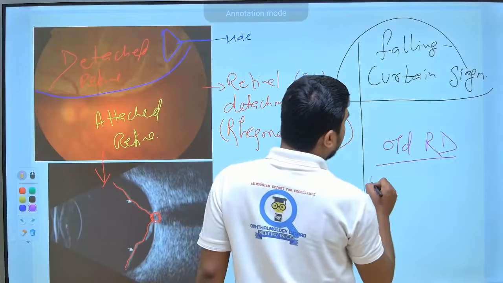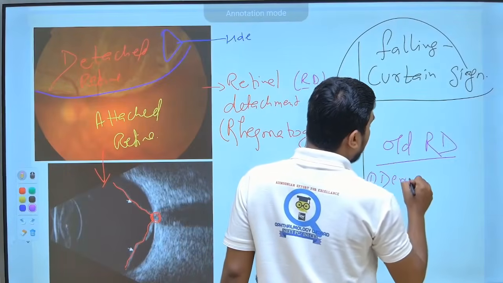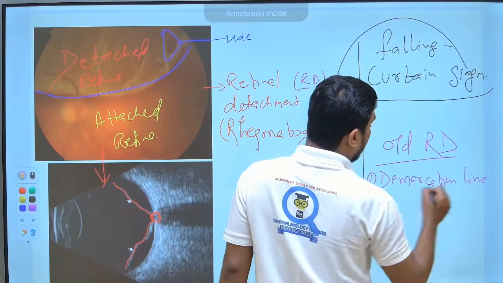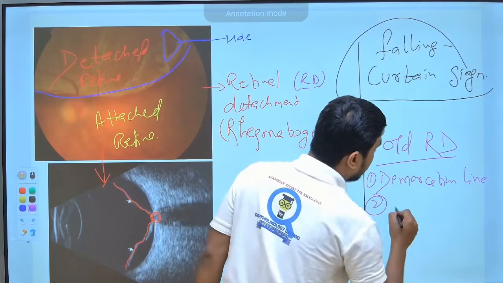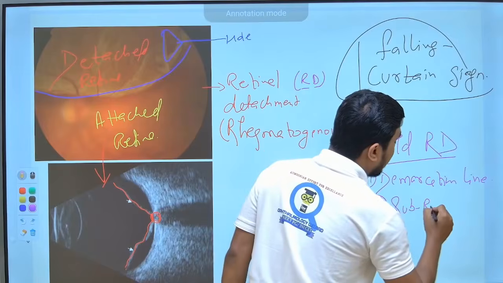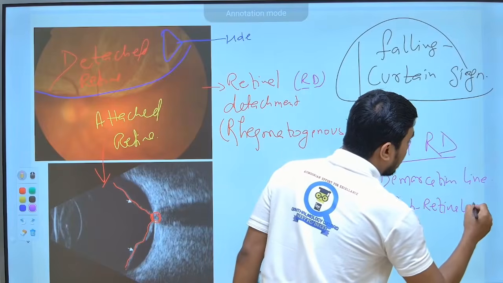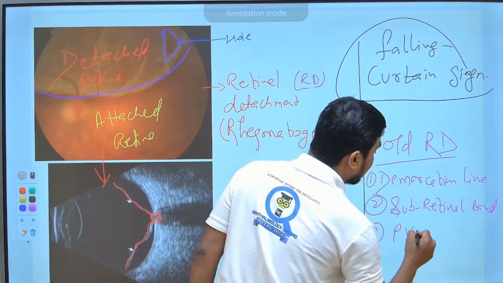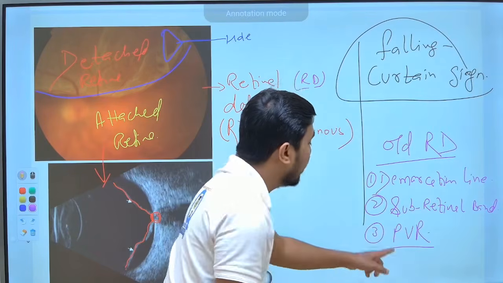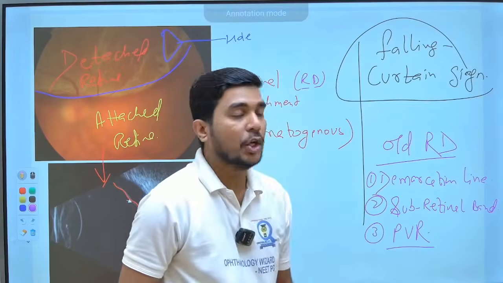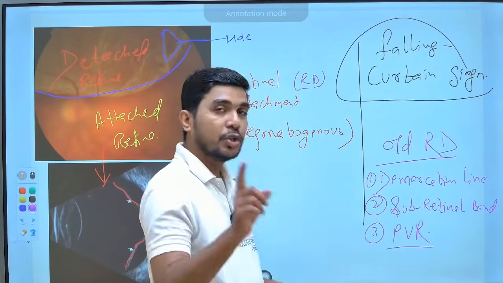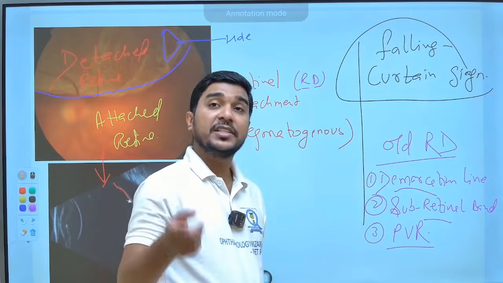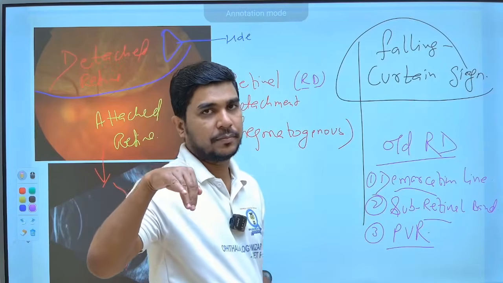If there is an old RD, that means there can be a demarcation line, a subretinal band, or PVR changes. PVR changes means proliferative vitreoretinopathy changes. So if the question says demarcation line or subretinal bands, it's an old RD.